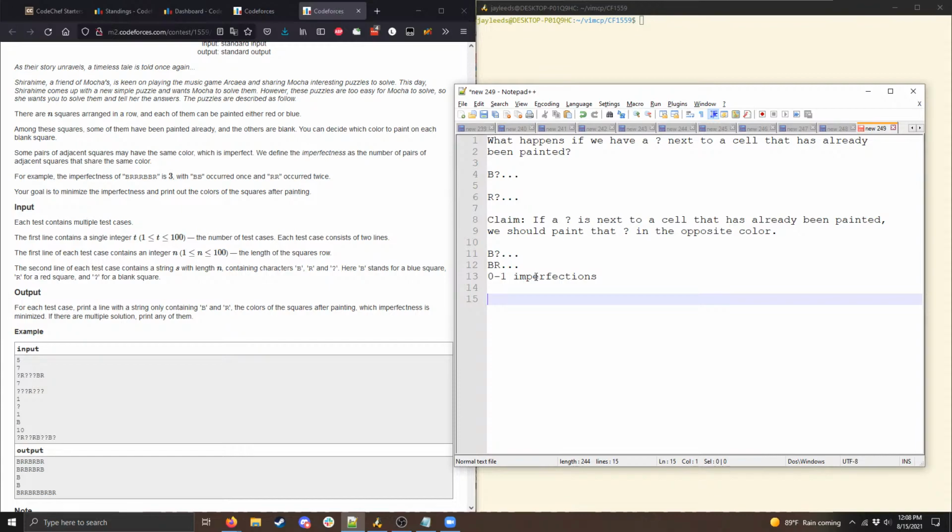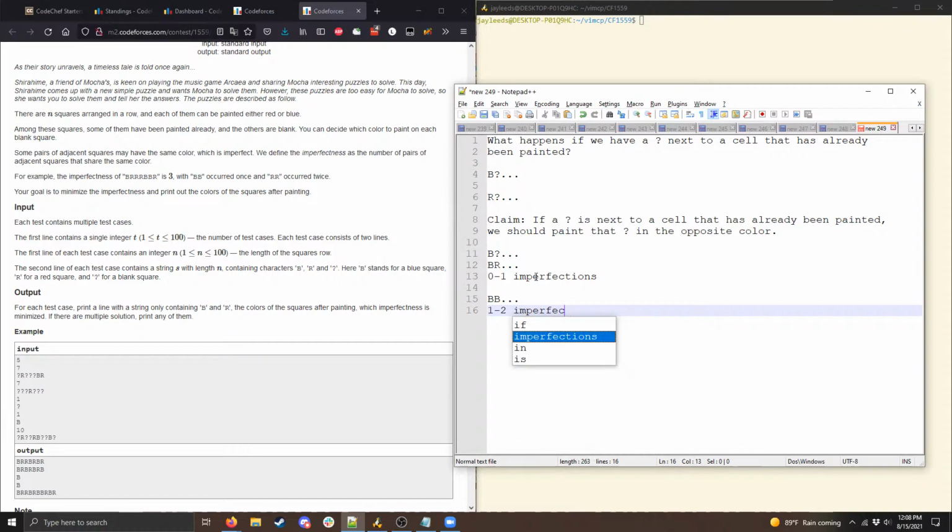Now what if we put the same value in? Then we're definitely going to have an imperfection here, because these two elements are the same. And we might even have one here if this next element is a B. So here this is going to contribute at least 1 imperfection, maybe 2. And so there's never a case where we get fewer imperfections this way than this way. And so we should always paint the elements this way. We should always paint them different from whatever known element is next to them.